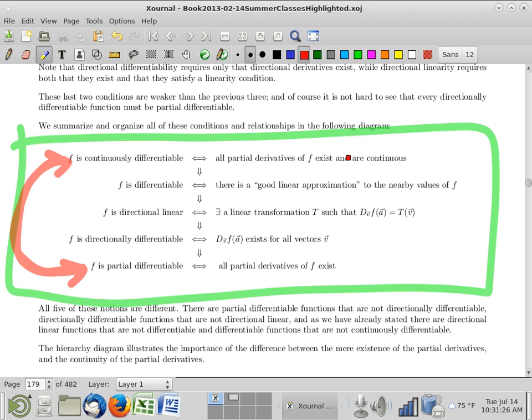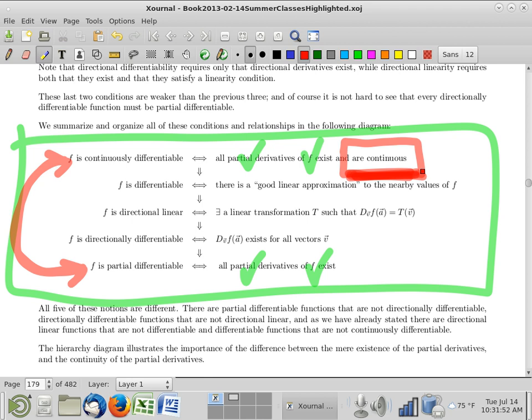The difference is just the continuity of those partial derivatives. All the partial derivatives exist. It's the same definition except for that continuity. Weird that continuity would make that big of a difference. It does.